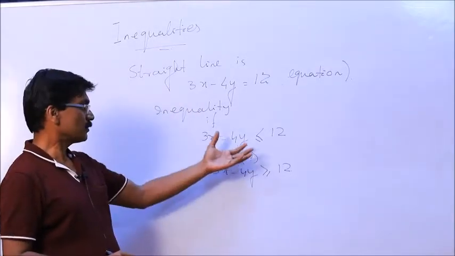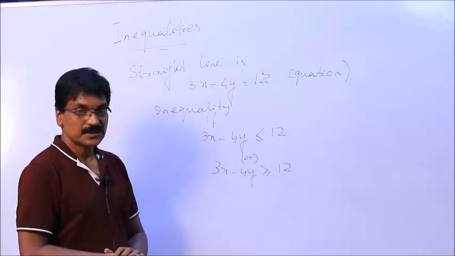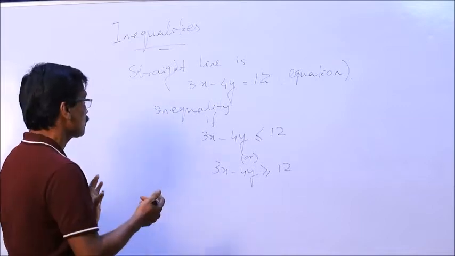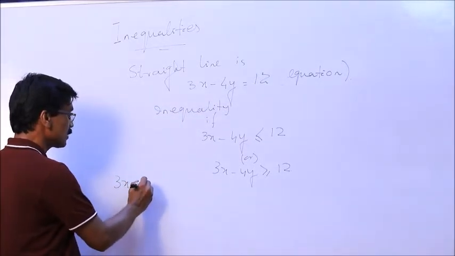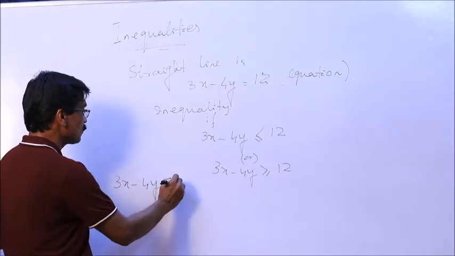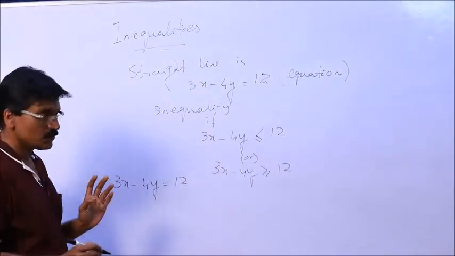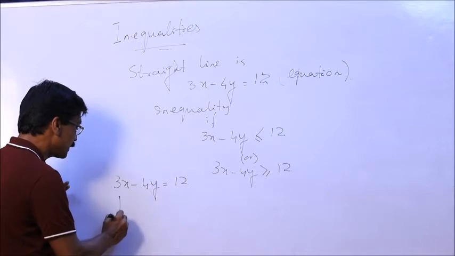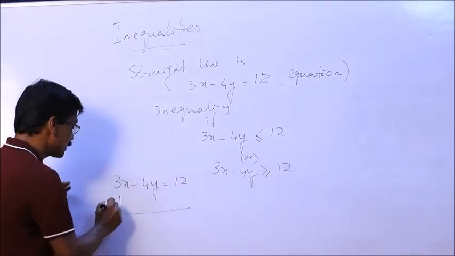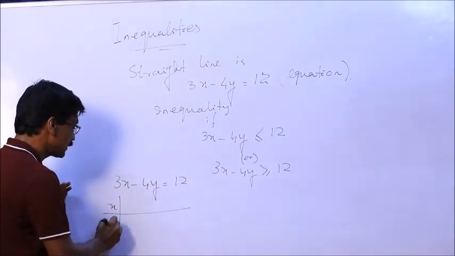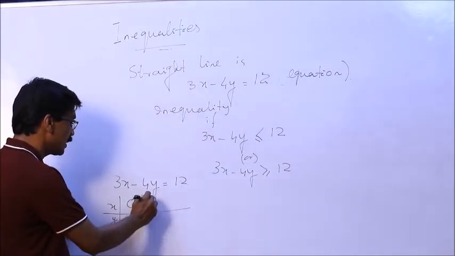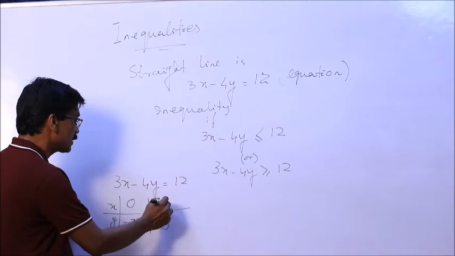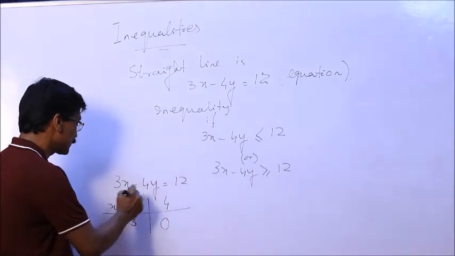So, how to draw these linear inequalities? If we consider this line 3x minus 4y is equal to 12, we can draw it by taking 2 points. If x is equal to 0, y is equal to minus 3, and if y is equal to 0, x is equal to 4.